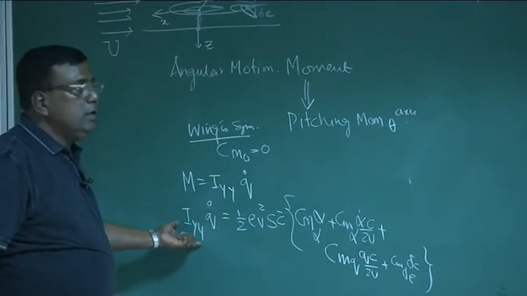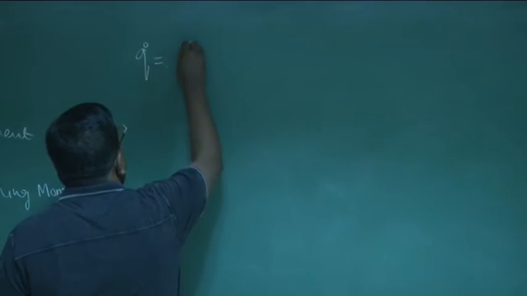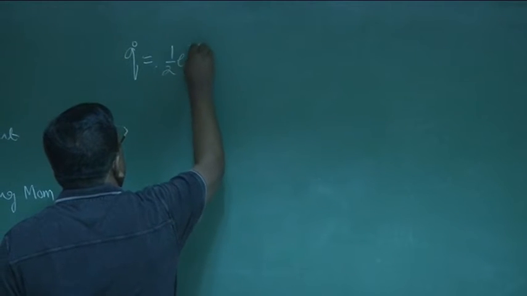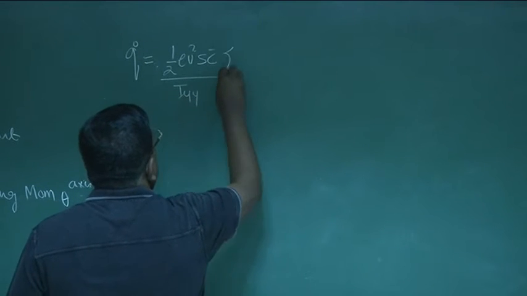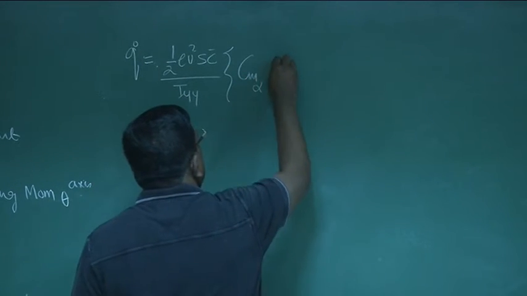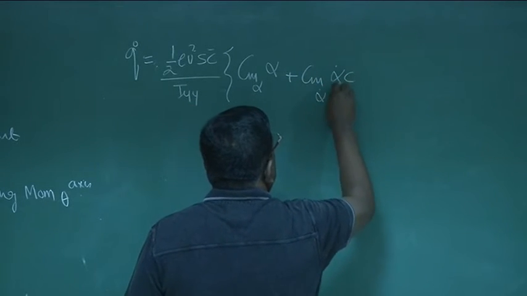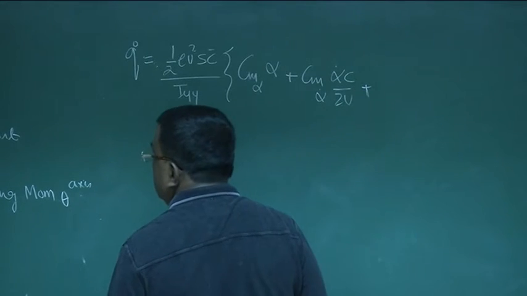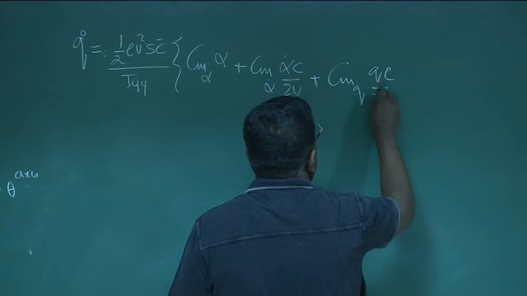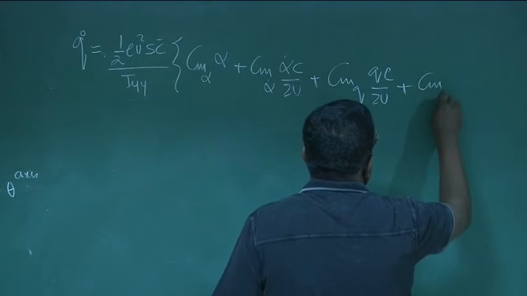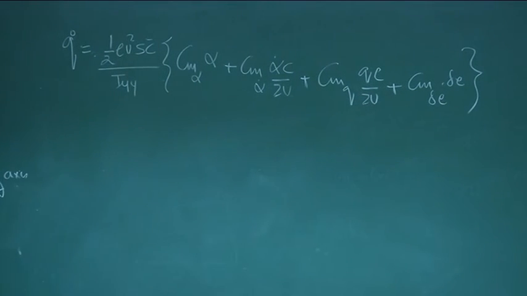So using this equation, I can write q dot equal to half rho v square S c bar by Iyy into Cm alpha into alpha plus Cm alpha dot into alpha dot c by 2u plus Cm q into q c by 2u plus Cm delta E into delta E. Right?